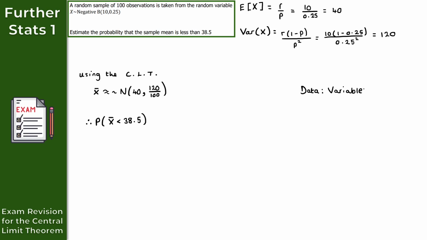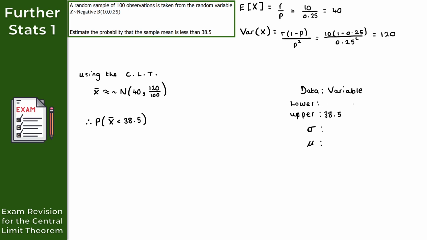It asks us for the lower and upper value. It asks us for sigma, and it also asks us for mu. We're looking for the probability that the sample mean x bar is less than 38.5, so we put 38.5 as the upper value.